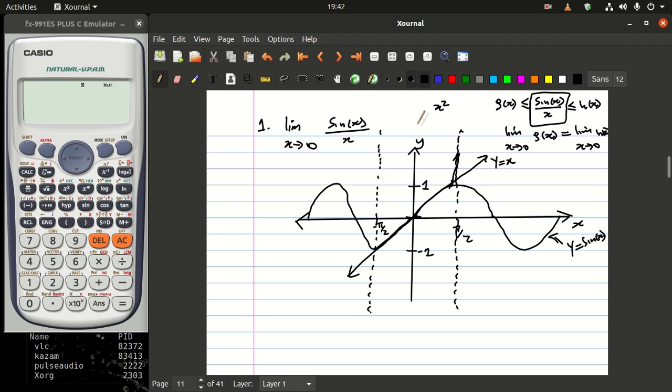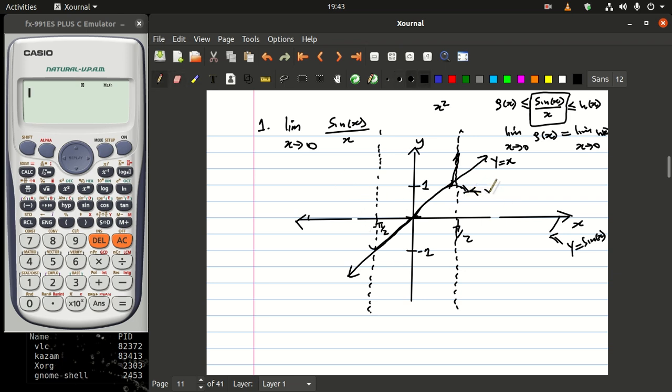So what we do is we decide to forget about what is happening so much away from this point of interest, which is x is equal to 0, and just focus on this particular interval here, which is close to 0.